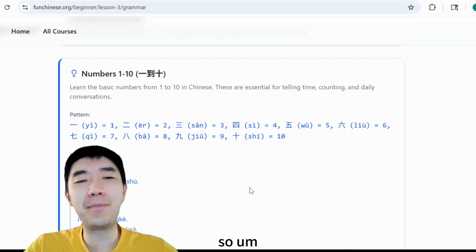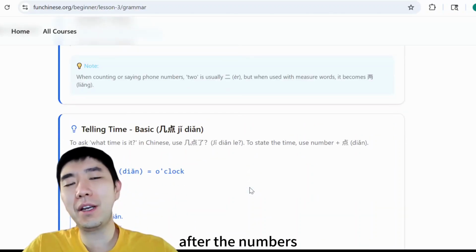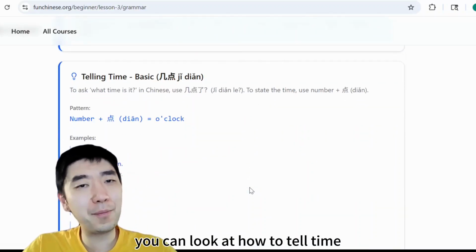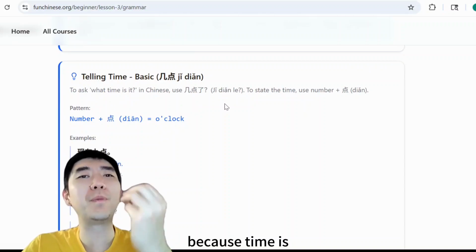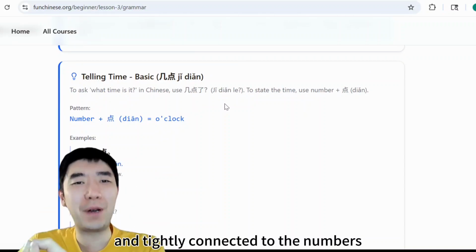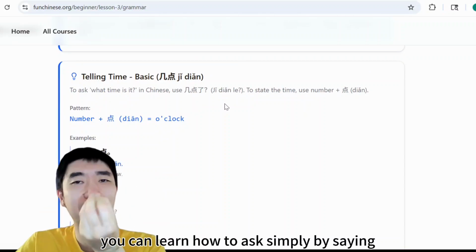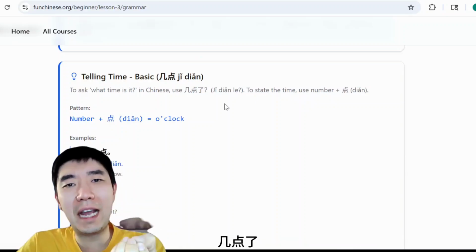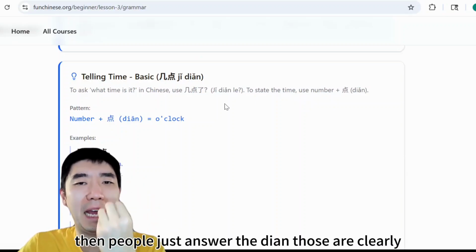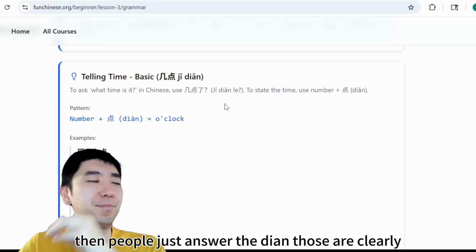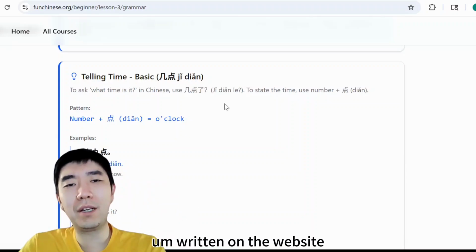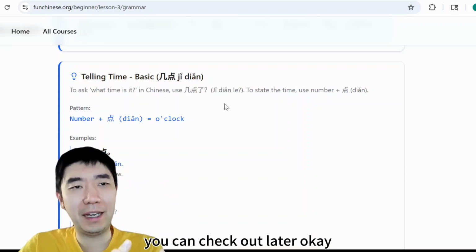Okay, so after the numbers, you can look at how to tell time, because time is tightly connected to the numbers. You can learn how to ask simply by saying 几点了, then people just answer with the 点. Those are clearly written on the website. You can check them out later.